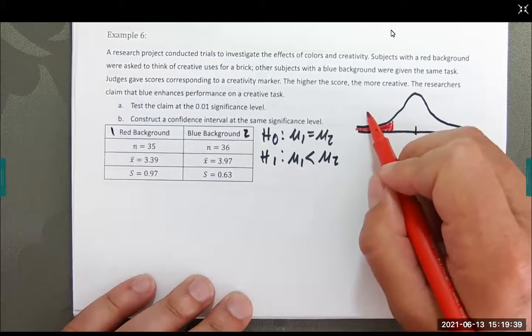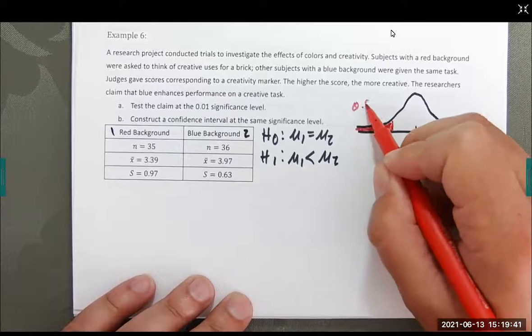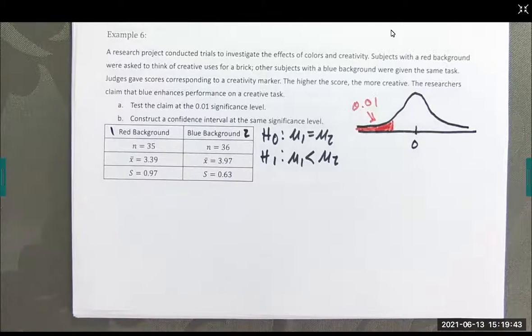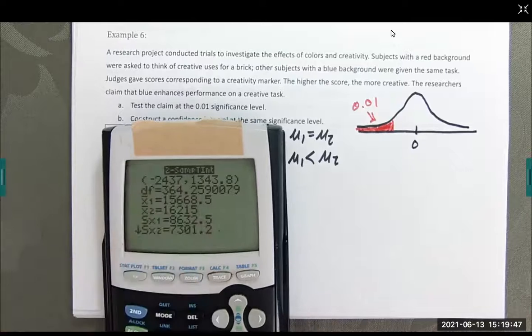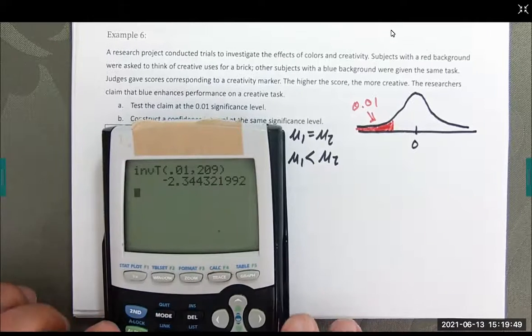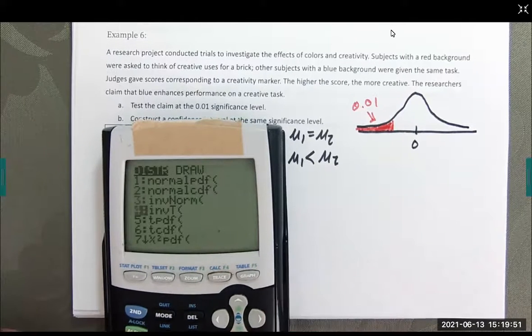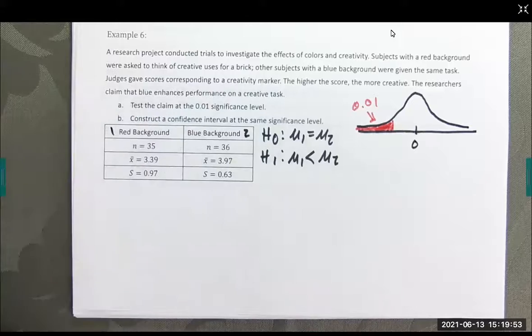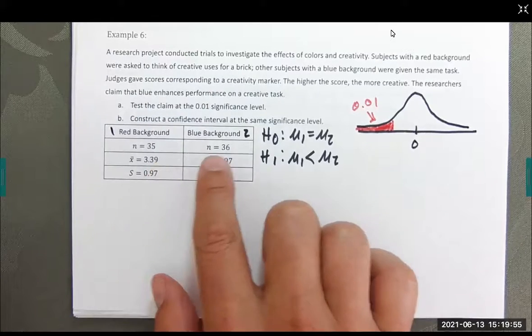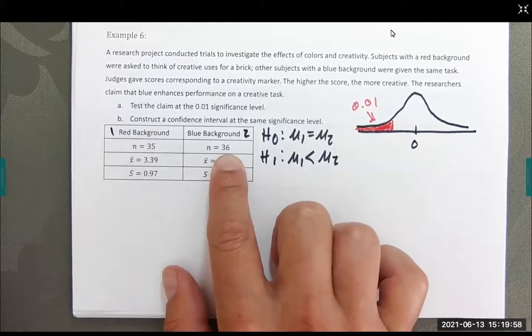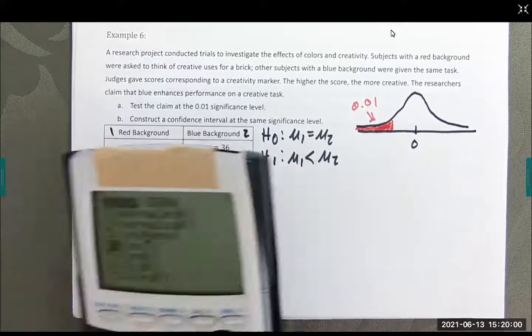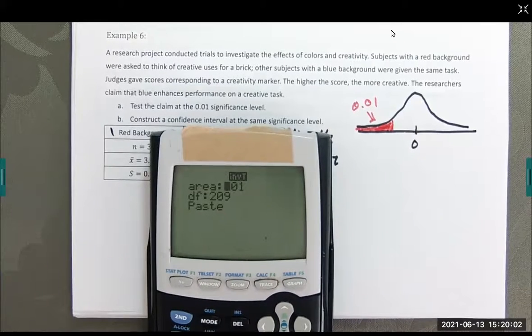So for our test, let's find our critical value. So inverse T. Oh, so our degrees of freedom for this are going to be 35 because that's the larger of the two. 0.01 and 35.